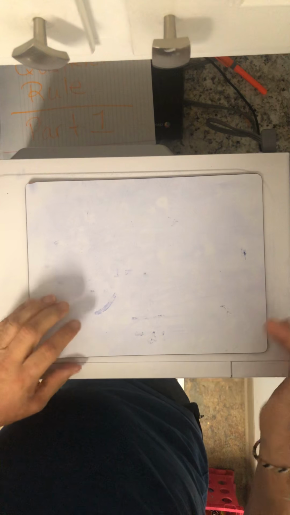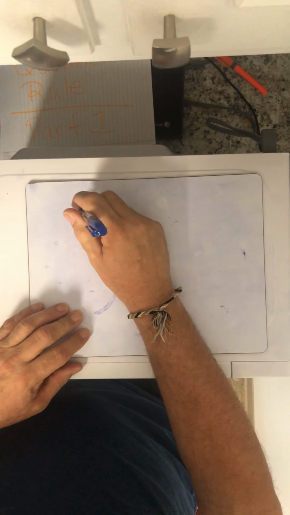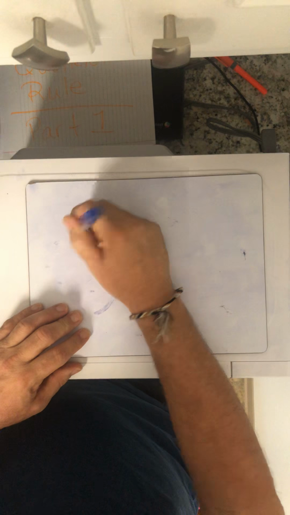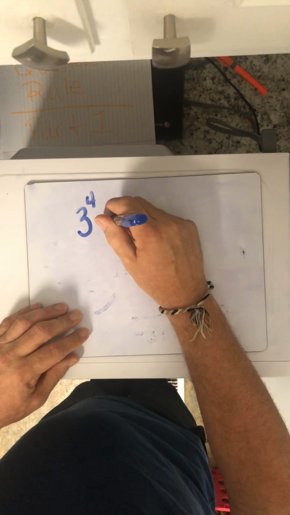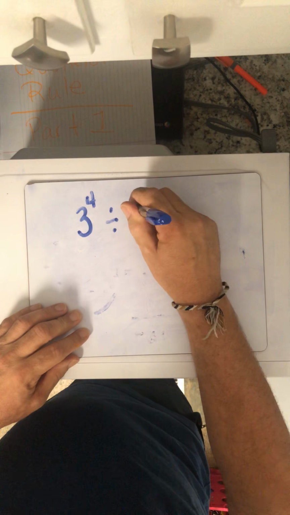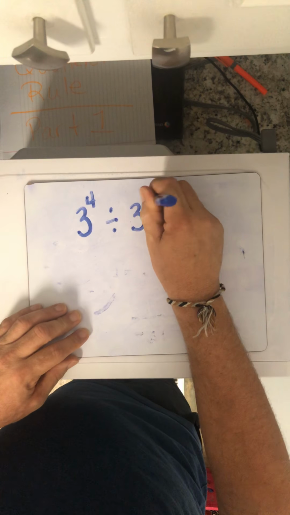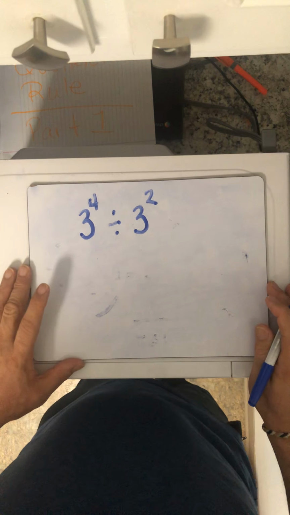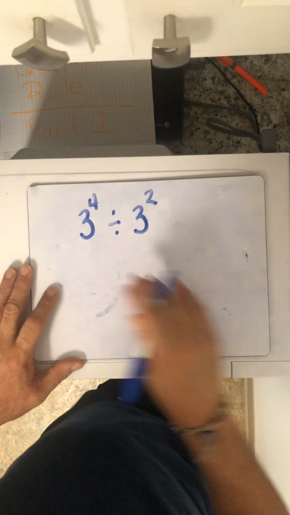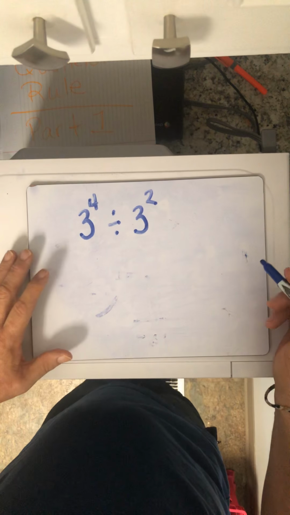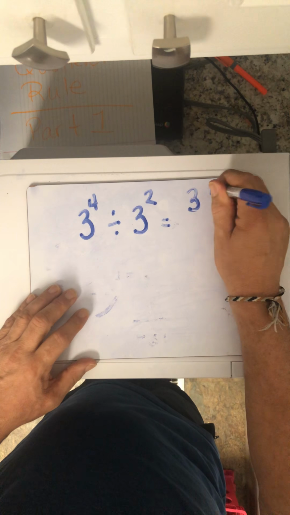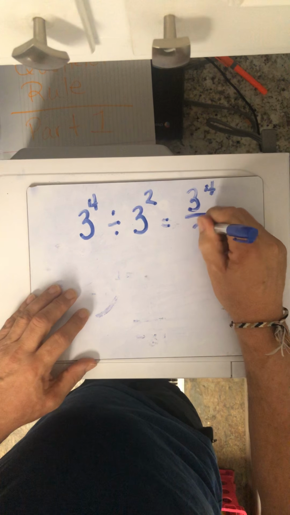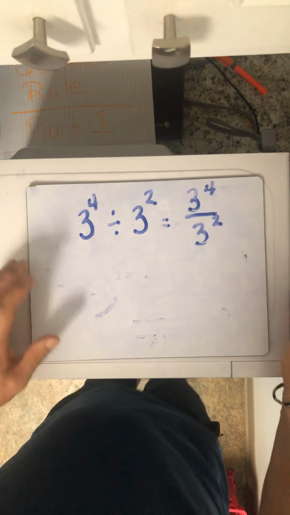Say for instance we are given 3 to the 4th power divided by 3 to the 2nd power. The first step I want to do is, I don't like the division written like this, so I'm going to switch that to 3 to the 4th power over 3 to the 2nd power.